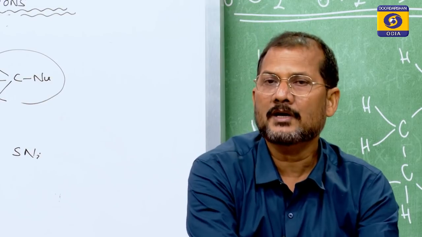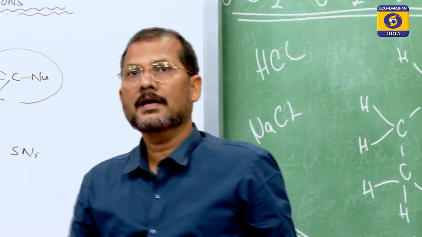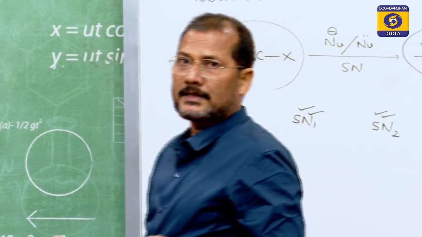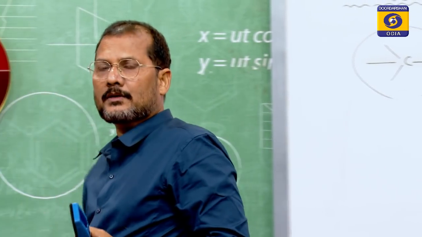SN2 या बायोमोलिकुलर न्यूक्लियोफिलिक सब्स्टिट्यूशन में क्या होता है, इन्वर्सन होता है, प्रोडक्ट उल्टा हो जाता है, ऑप्टिकली उल्टा हो जाता है. उल्टा मतलब 3 डायमेंशनली उल्टा हो जाता है.